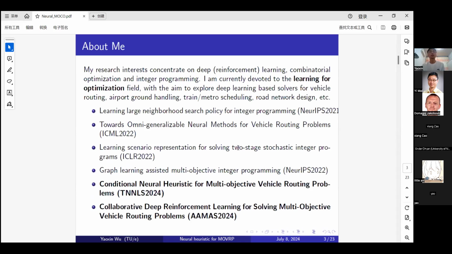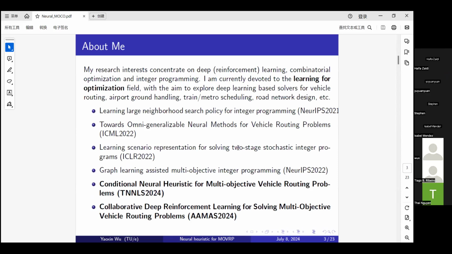So here is some information about myself. Except for traditional weak routing problems, I'm also researching developing deep models to solve complex combinatorial optimization problems, such as the airport ground handling problem, train metro scheduling, and road network design problems.